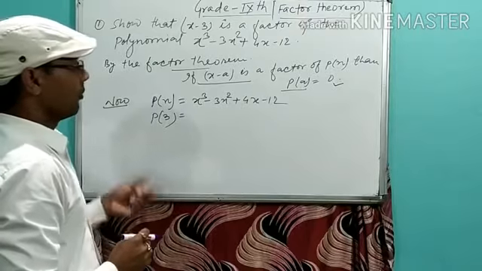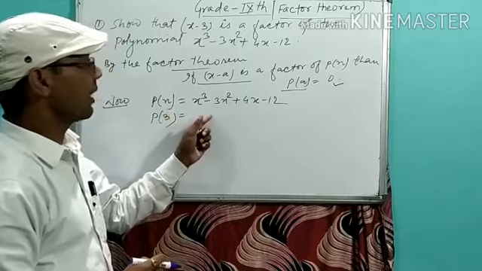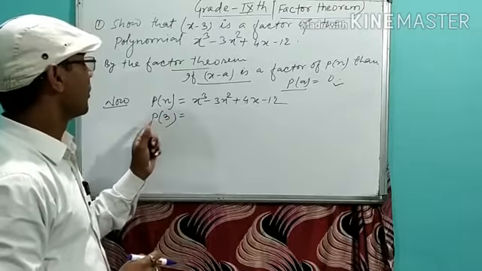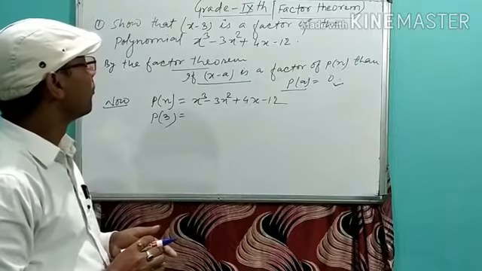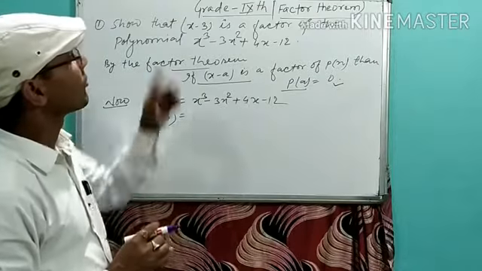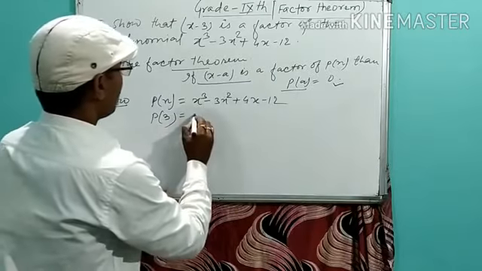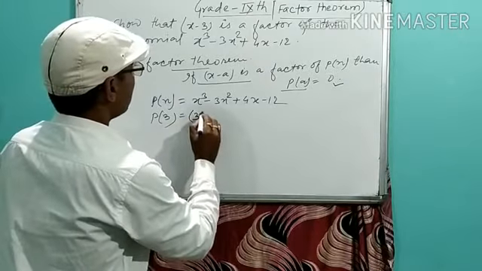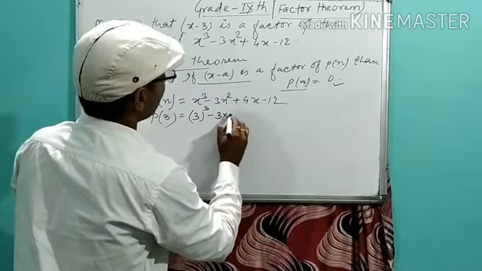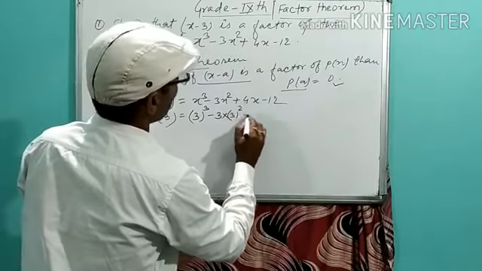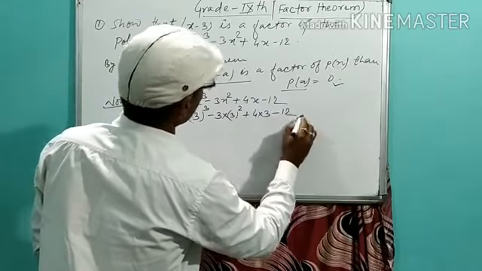If the value x equal to 3 is satisfied and it brings p(3) equal to 0, it means x minus 3 is a factor of this polynomial. By putting the value: 3 to the power 3, minus 3 into 3 to the power 2, plus 4 into 3, minus 12.